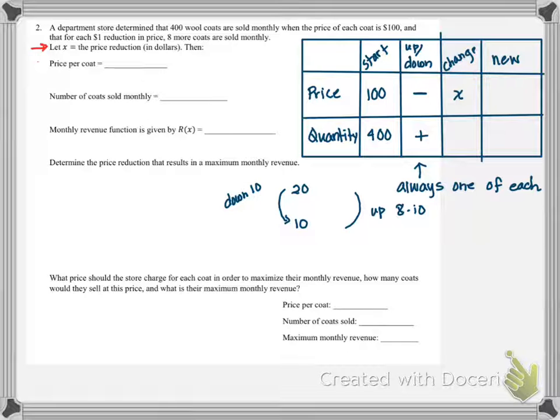So for every dollar, our quantity is increasing by 8, which means to get the total increase in quantity, we have to multiply 8 by the number of dollars that we change the price, which is X. So my change in quantity is just 8 times X. You can think of 8 as a rate of change: for every $1 change in price, the quantity changes by 8.